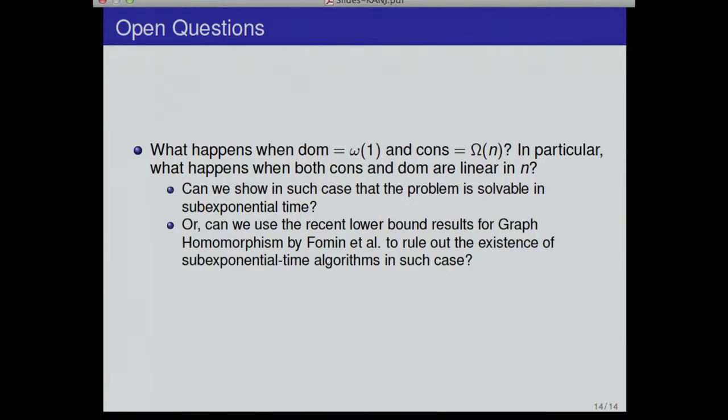So if you try to encode a graph homomorphism problem, at least from the first attempts that we tried, you end up increasing the number of variables to quadratic. So you don't get a size-preserving reduction. So I think a natural question here is to either show that you can still do sub-exponential time in this case, or try, under ETH, to rule out the possibility for larger domain size.